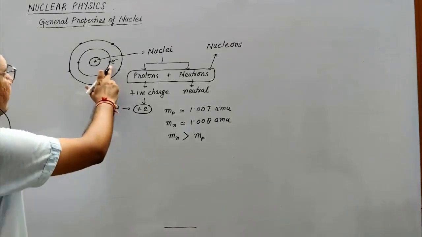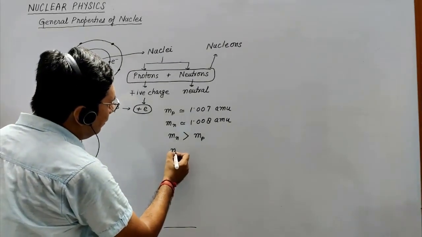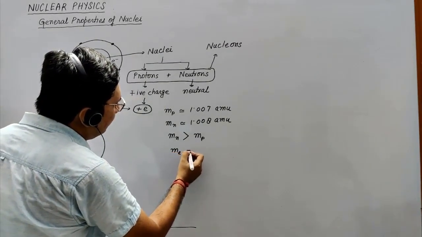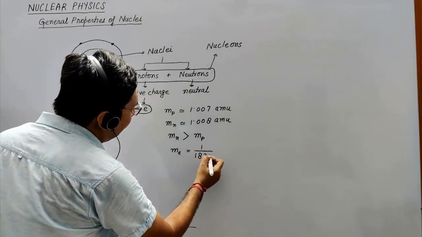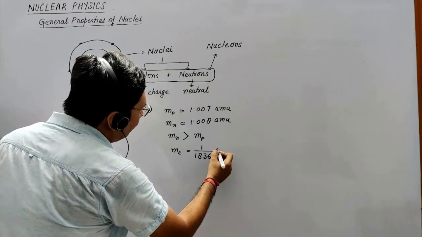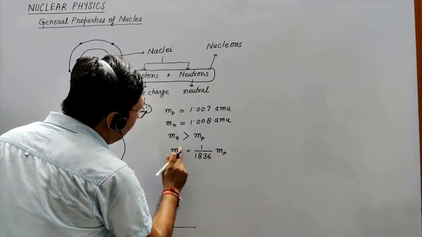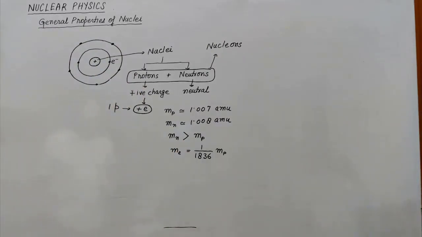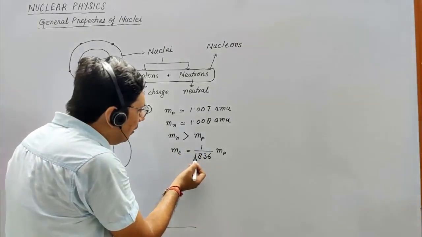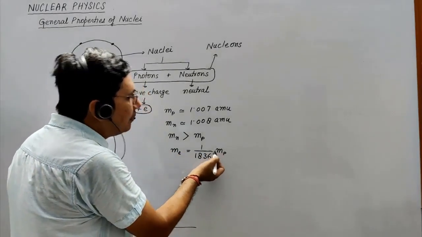If you consider the mass of the electron, this is 1/1836 times the mass of the proton.